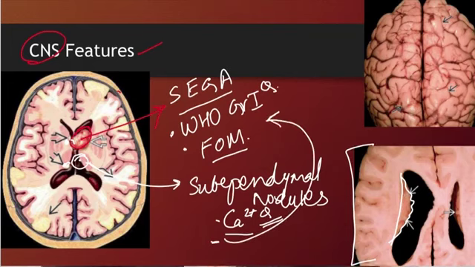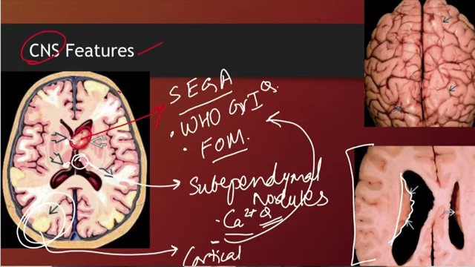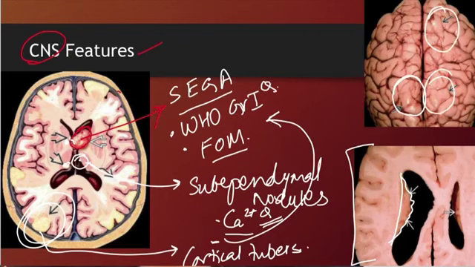Third feature is these lesions which are nothing but cortical tubers. This is the third CNS feature which is also included in the major criteria. Now cortical tubers are again hamartomas. And why are they called tubers? Because if you see this gross image, we can see this thickened cortical surface, particularly at these locations, which resemble tubers or potato.